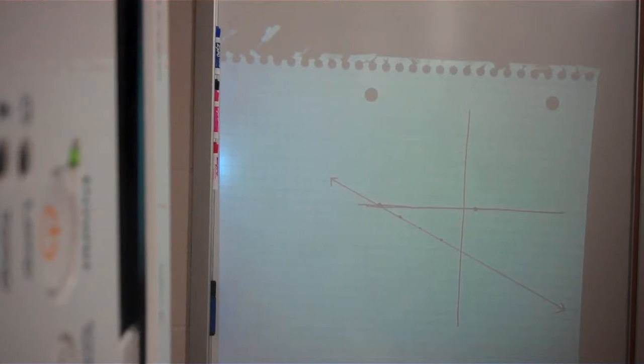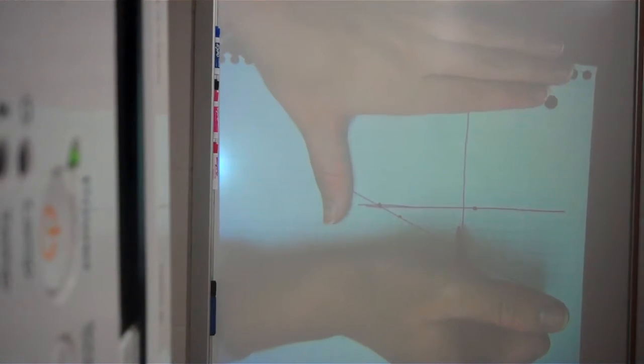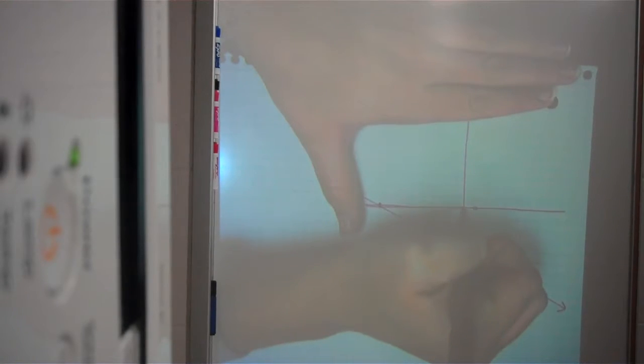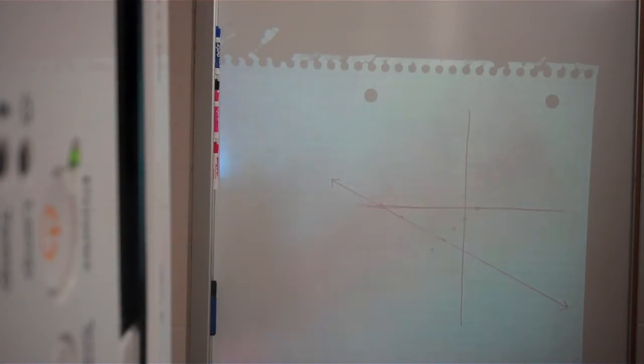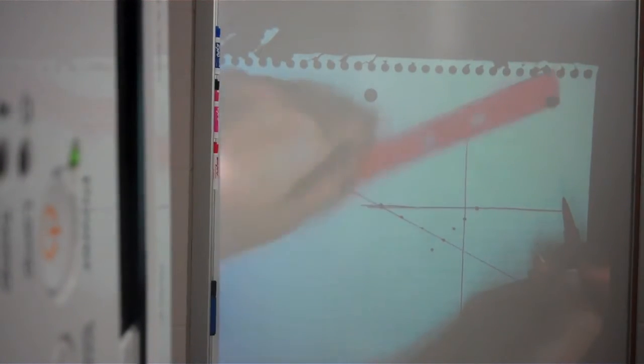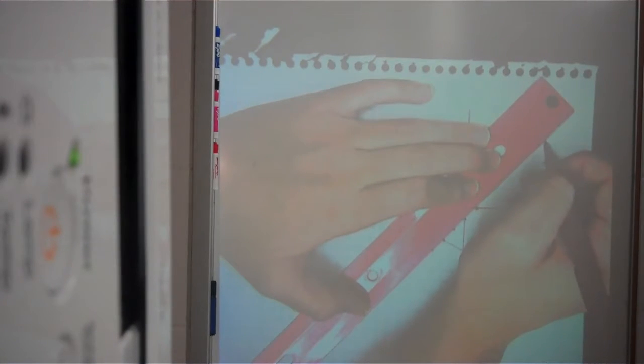Okay, so it's negative 1 over 1. So I'm going to go what direction to get my next point? Good, down 1 to the right 1. Okay? And I'm going to make my line, extending it as far as possible to get good results.